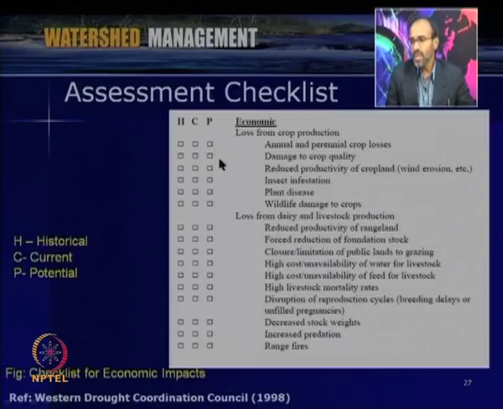The columns are given like what is the historical situation, what is the current situation, then what is the potential drought situation. So, we can give ranks for each of these, and then see whether the area is historically drought prone, or current drought is there, or the area is potentially drought prone.